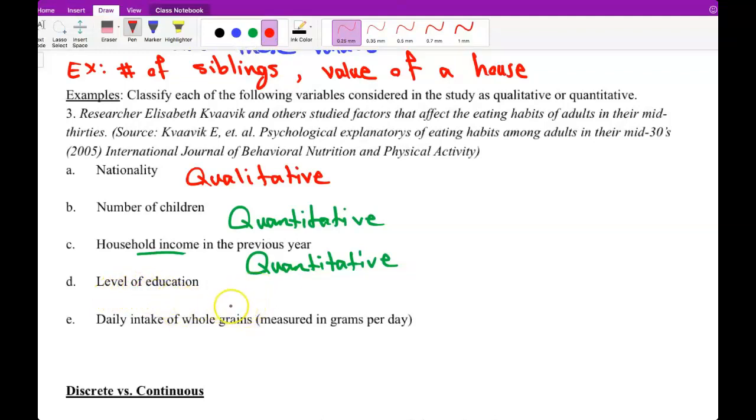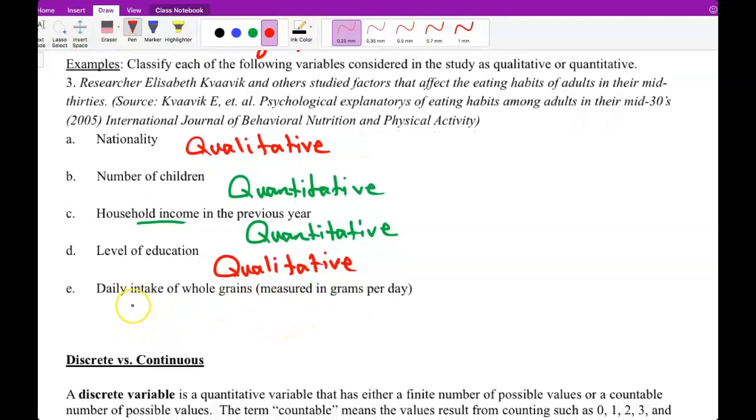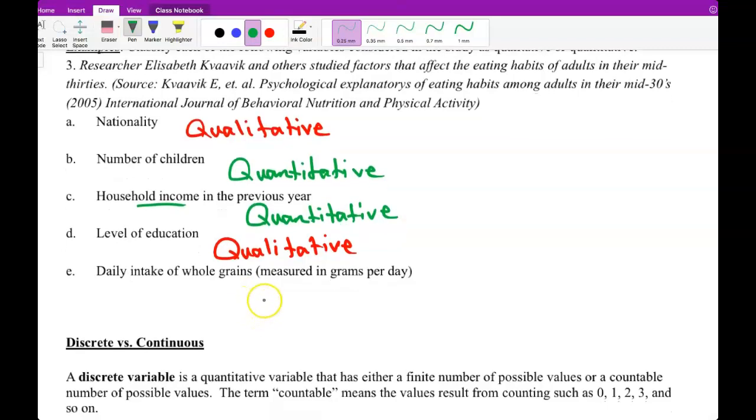It's not a number. So it's qualitative. Part E, daily intake of whole grains, measured in grams per day. We're able to count this. So this is quantitative.